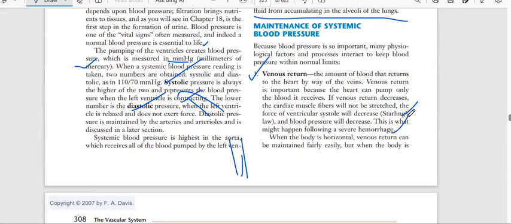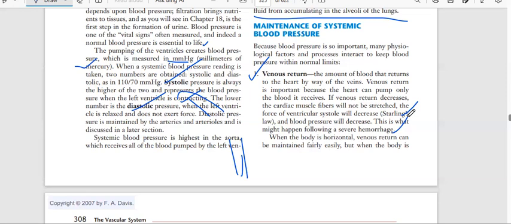Here, one thing being explained is that venous return is very important. Venous return means the blood from all over the body enters the right atrium. Then only will it go to the right ventricle, then from the lungs to the left atrium and left ventricle.